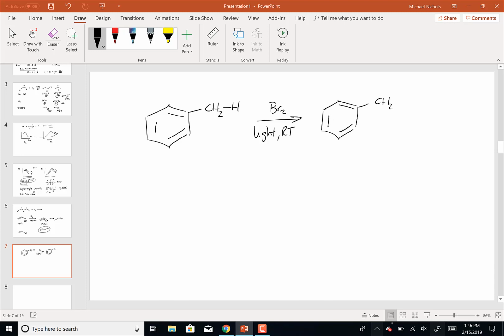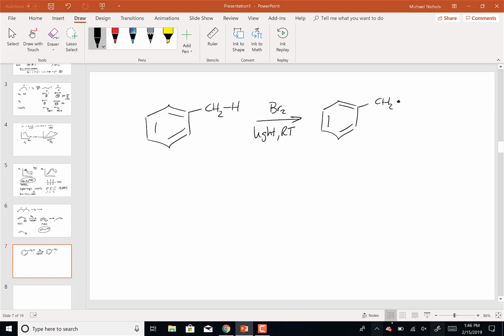And the stable radical that's going to be formed is that one. And that looks like an allylic radical, like if I take my piece of paper and I cover up the benzene ring.